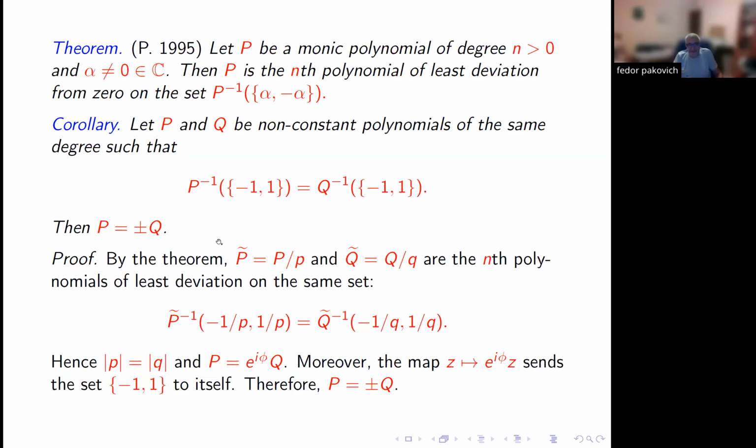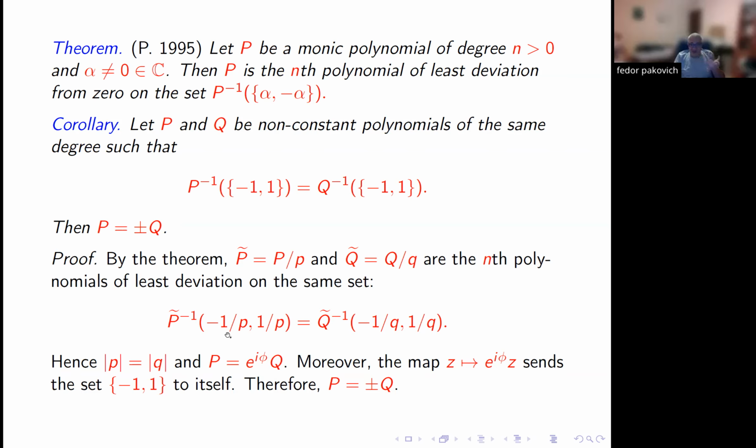To prove the corollary, we just say that we can pass from our original polynomials satisfying this condition to monic polynomials by dividing by the leading coefficients. So we obtain from this condition, and therefore by this theorem, that P equals some constant times Q. But this constant should have modulus 1.